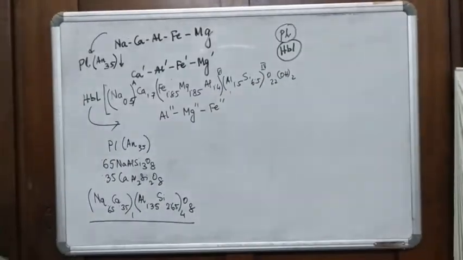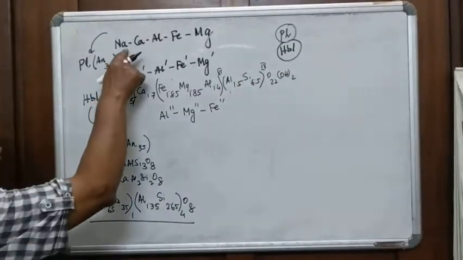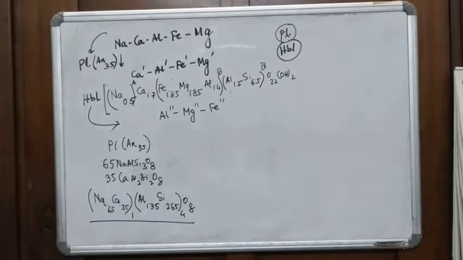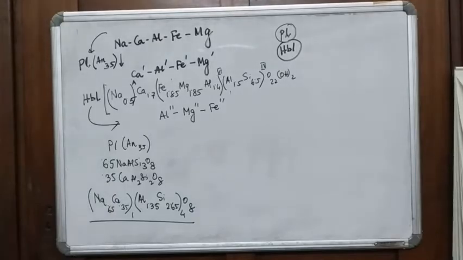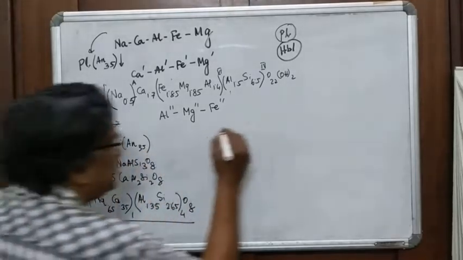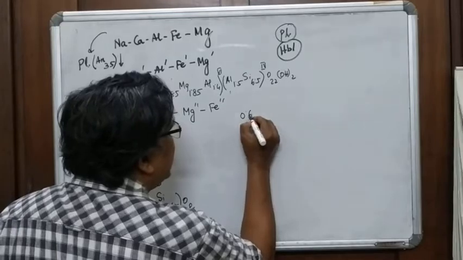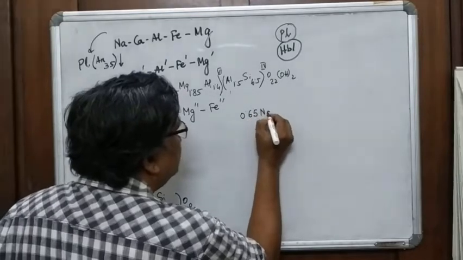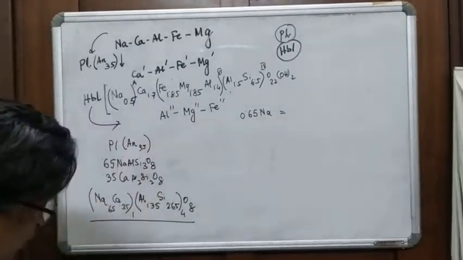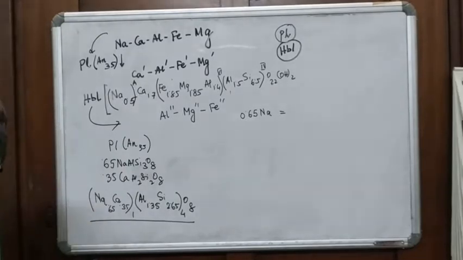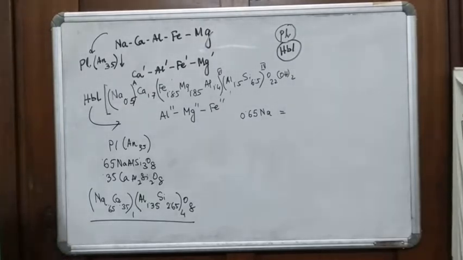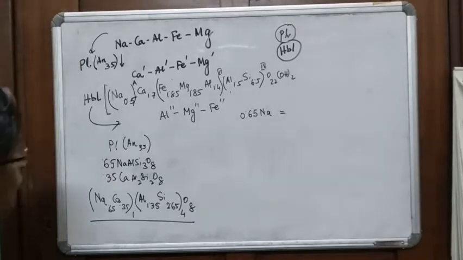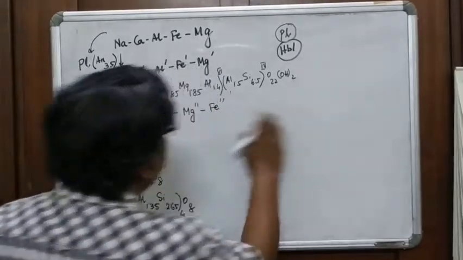So now, if I have to eliminate sodium, you see what happens here. 0.65 sodium is equal to 0.35 calcium.